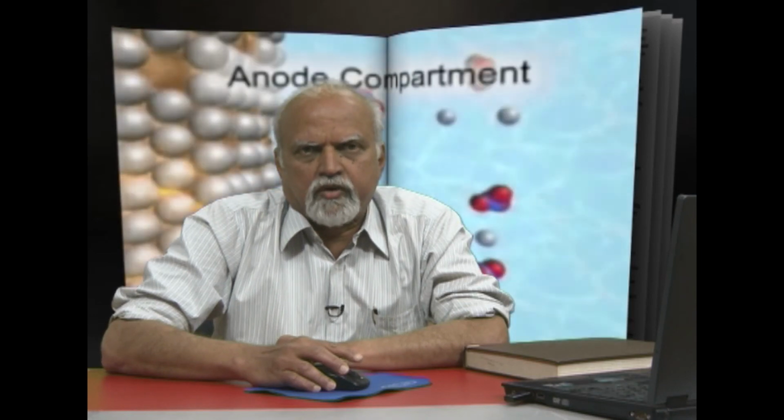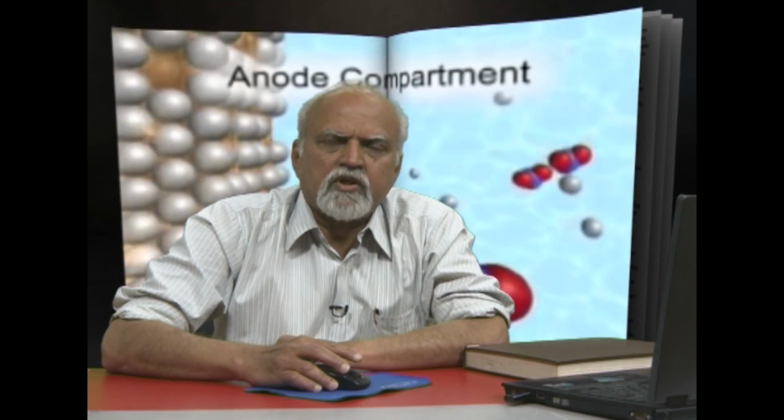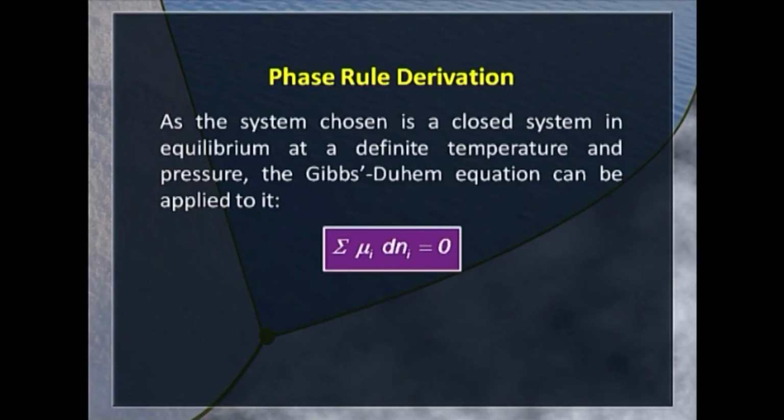As the system chosen is a closed system in equilibrium at a definite temperature and pressure, we can apply the Gibbs-Duhem equation to this, which says summation of mu i dn i is equal to 0.